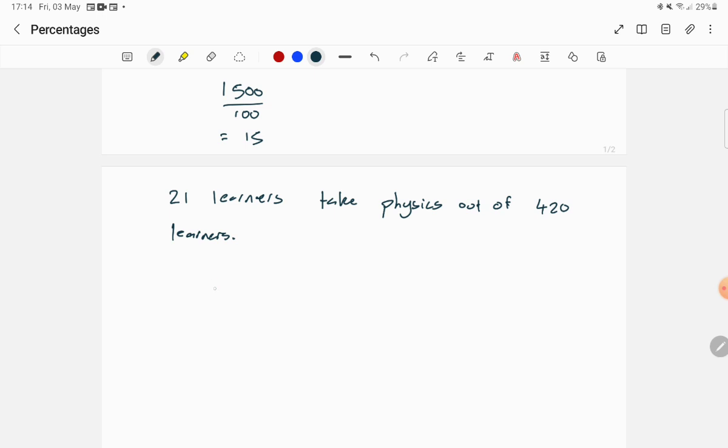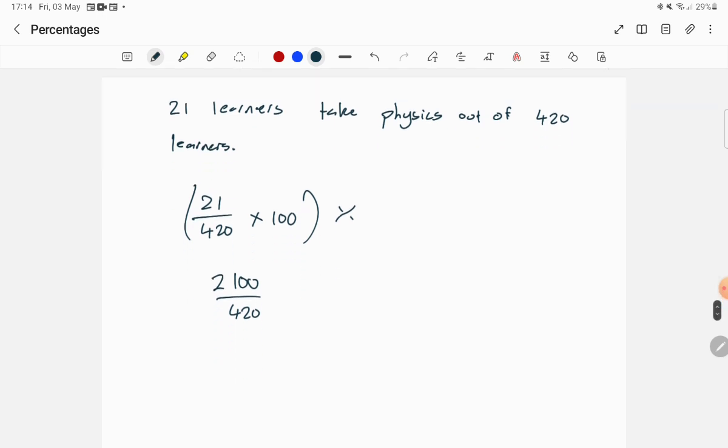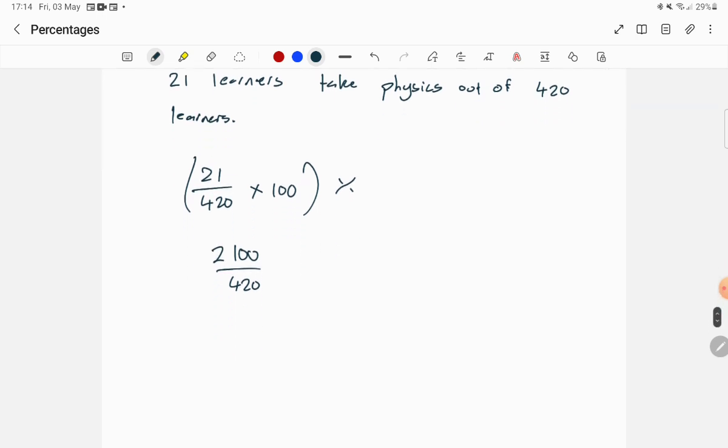Essentially that would be 21 divided by 420 times 100, and then you put a percent at the end, just to be technical. So 21 times 100 is 2100, divided by 420. Take that 0 out, 210 divided by 42 gives you 5. So that will be 5%.